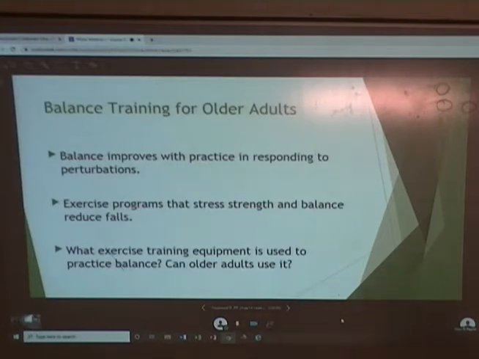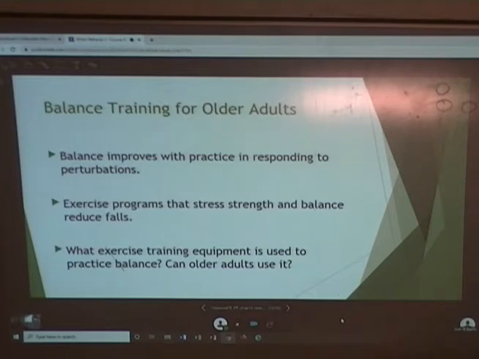So interestingly, what we see is even with older adults, if we give them a training program that is specifically geared to improving their balance, we see improvement, even in people who are 80, 85 years old.